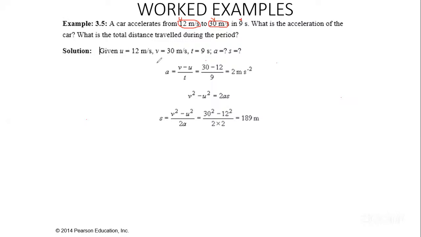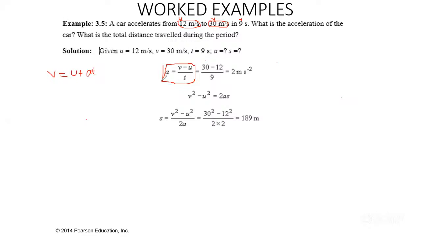So we use the equation of motion, v is equal to u plus at, because we have v, we have u, we have t. We are asked to find a.